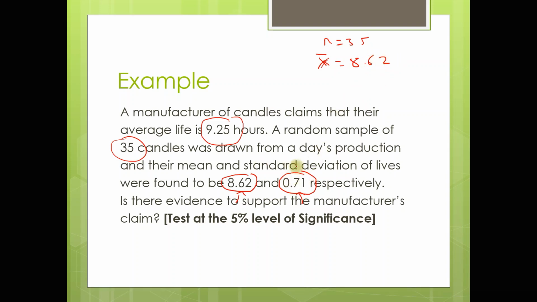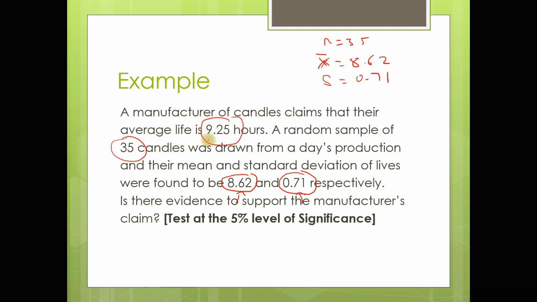And the standard deviation of 0.71 is the standard deviation of the sample, s equal to 0.71. So you are not given the true standard deviation, but you are given the sample standard deviation.